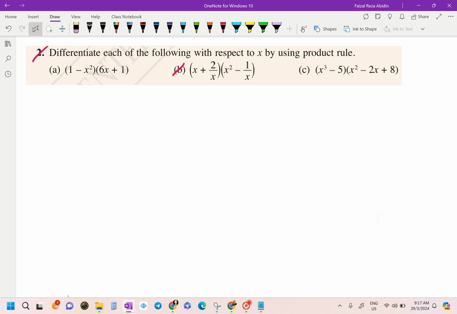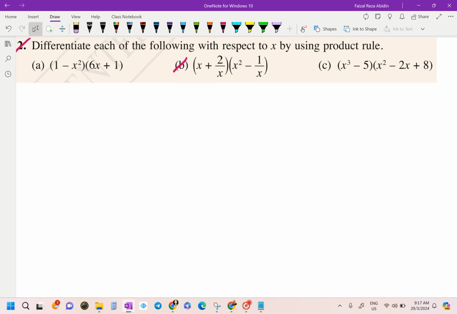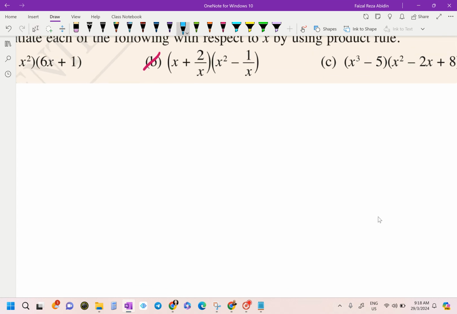I'm going to do the expand over here first. x times x squared, I'm going to get x cubed. x times negative 1 over x, I'm going to get negative 1. 2 over x times x squared, I'm going to get 2x. Then 2 over x times negative 1 over x, 2 times negative 1, I'm going to get negative 2 over x times x, which is x squared.